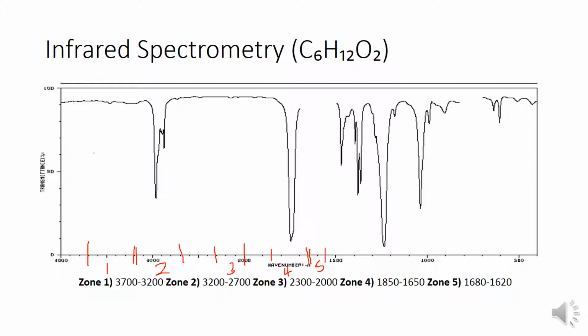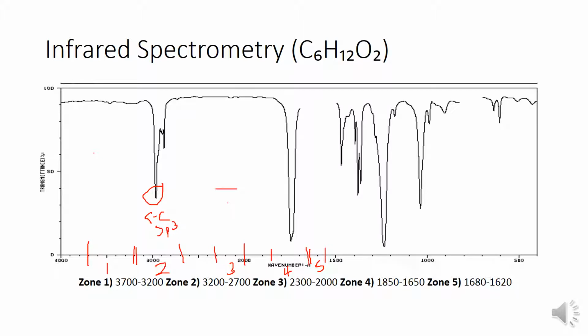Zone 2, we do notice that we have a peak. And this is typically going to mean that we have a carbon to carbon sp3 bond. Zone 3, we don't have anything. And here we would typically find carbon-to-carbon triple bonds or nitriles and things of that nature, but evidently we don't have anything here.